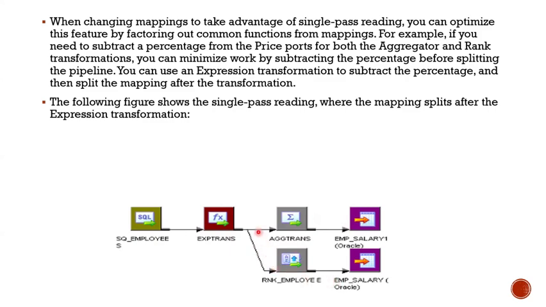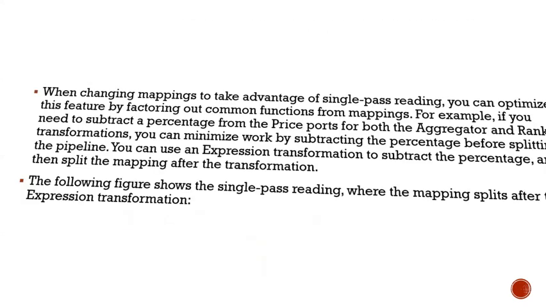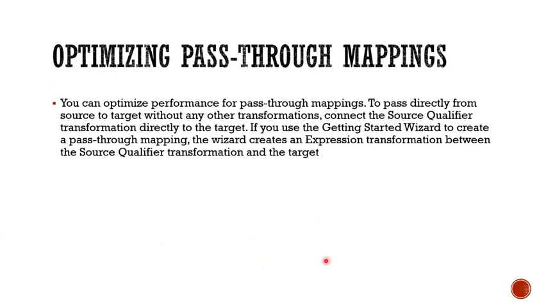Because both transformations are doing different activities but using the same source, you can combine those things and process them. It will be easy and you reduce your time. Correct. Next is optimizing pass through mapping.